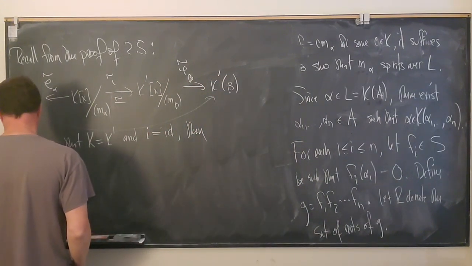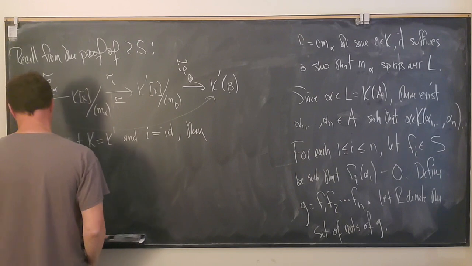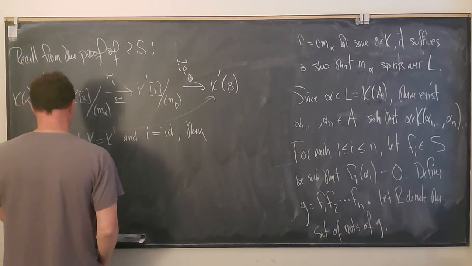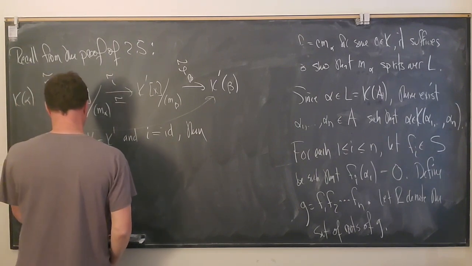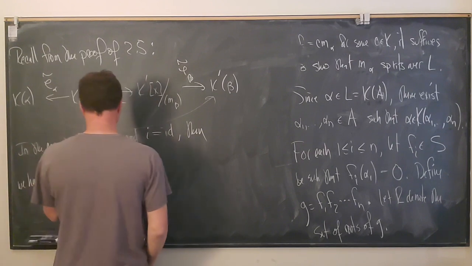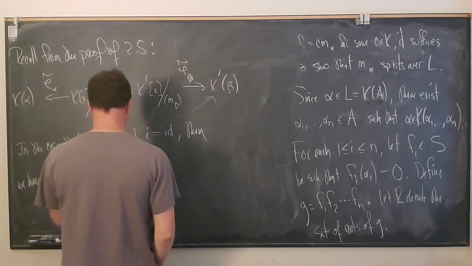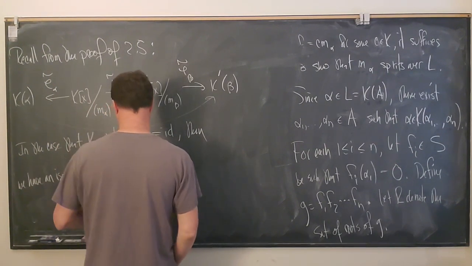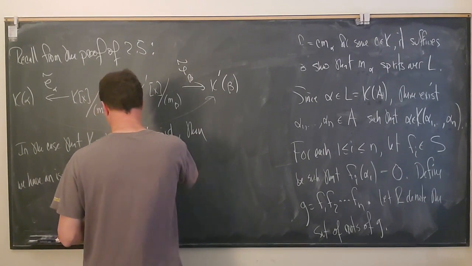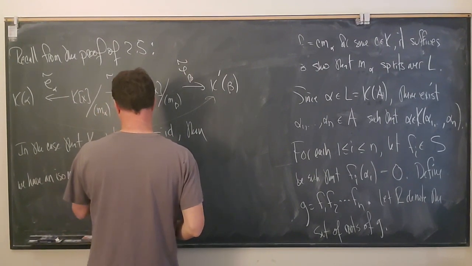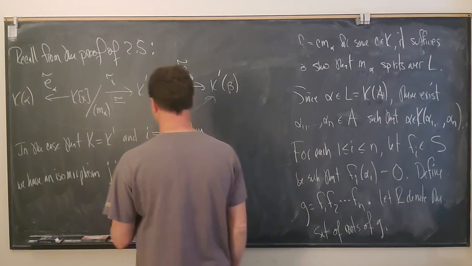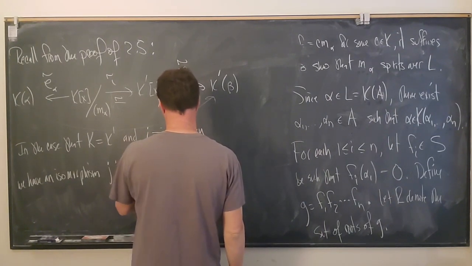So we get an isomorphism, which we'll still call J, and it'll go from K adjoin alpha to K adjoin beta.